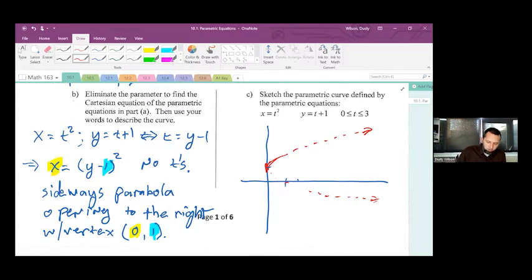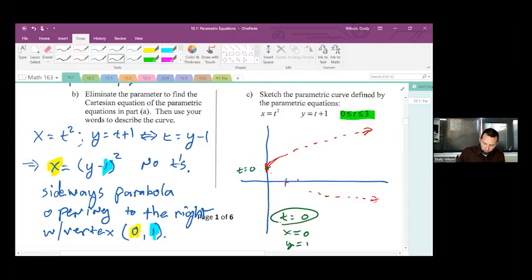So we'd still need to take into account the fact that we want our t's to vary between 0 and 3. So notice that when t equals 0, this would be at x equals 0, y equals 1. So that would be this point here.